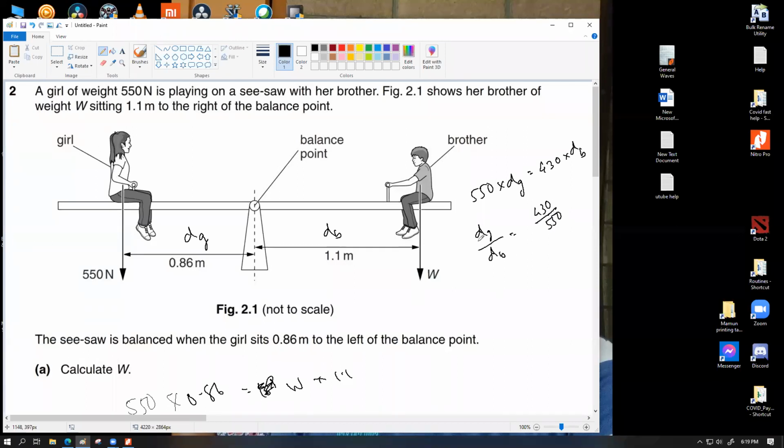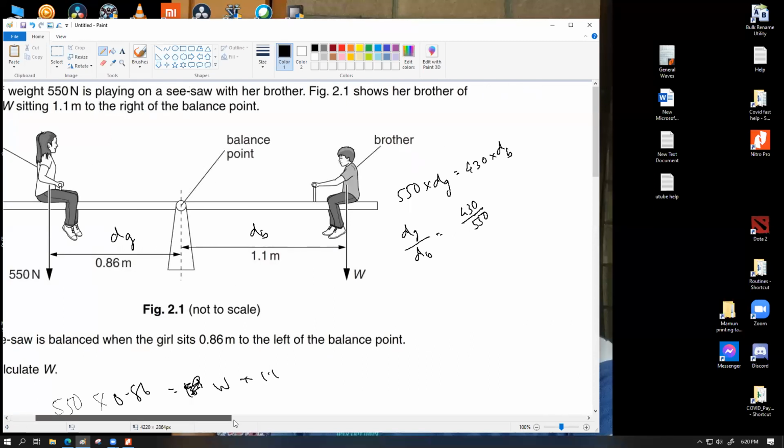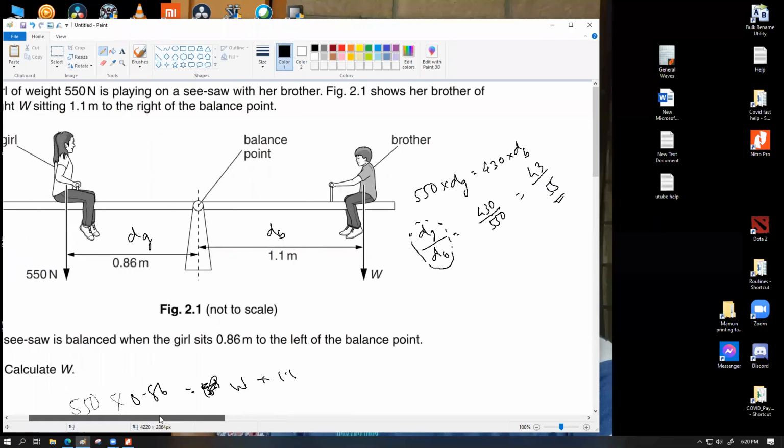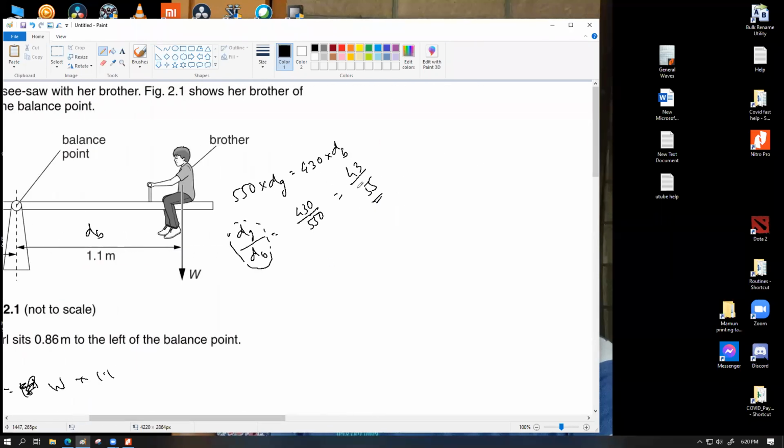Now it says that both of them have increased by the same amount. What I want you to understand is that this is the ratio, and a smaller version of this is 43 by 55. The distances of these two parts should exist in this ratio, and only in that case can we have the two persons in equilibrium.